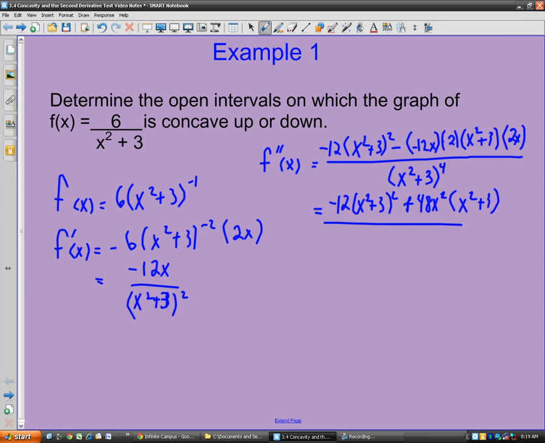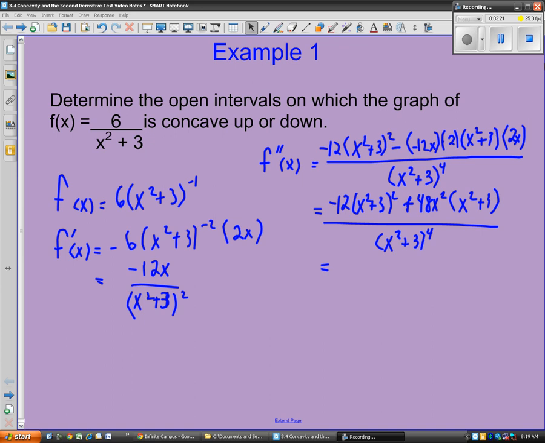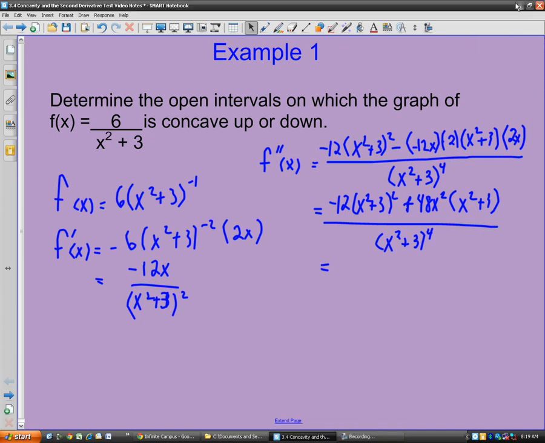If I factor out an x squared plus 3 top and bottom, then I will lose 1, and so I'm left with negative 12 times x squared plus 3 plus 48x squared, and all of this then is divided by x squared plus 3, not to the 4th anymore, it's now 3rd, because we removed one of these guys from the top and the bottom.